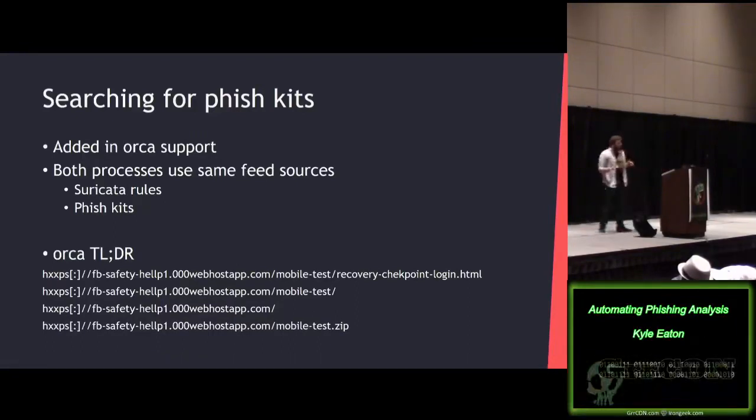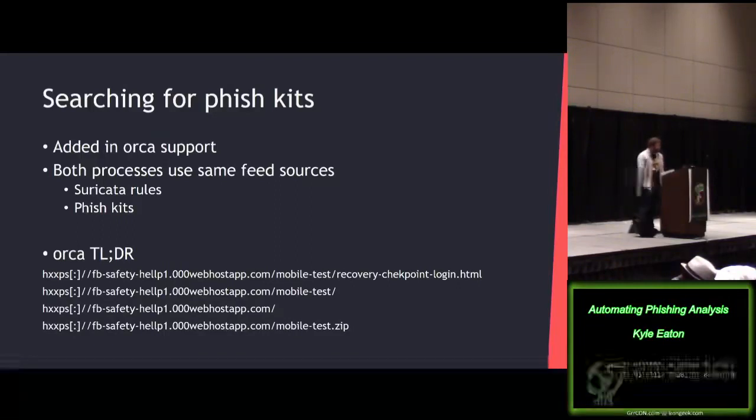If it doesn't find an open directory, it'll still try the directory name as a zip file, because we've had a lot of success with attackers. If directory indexing is turned off, the file still could be there named after the directory that it expands out to. So this is just one way we can use this to grab potential attacker tools.